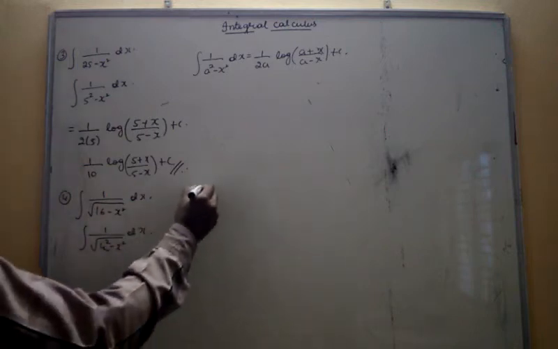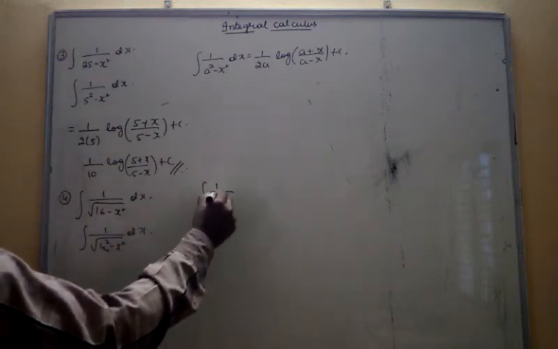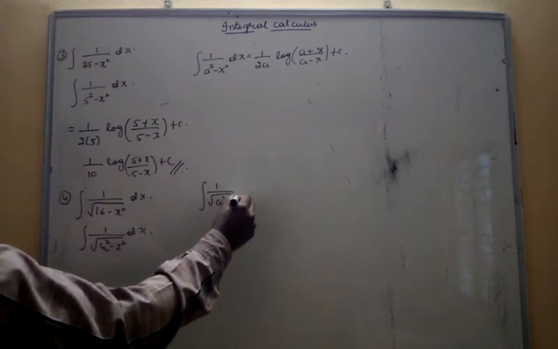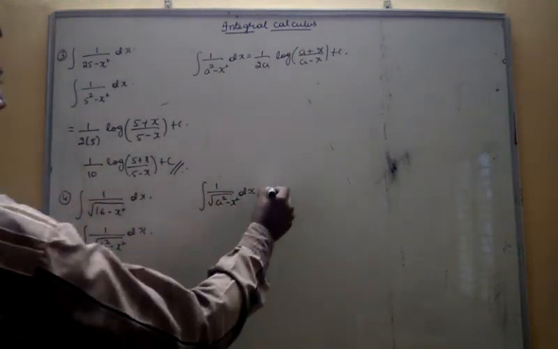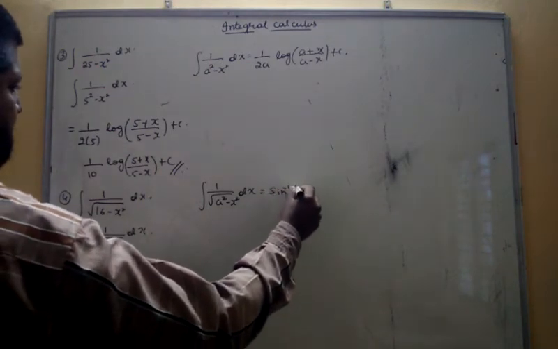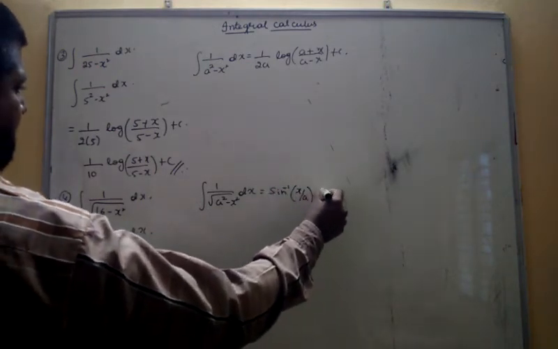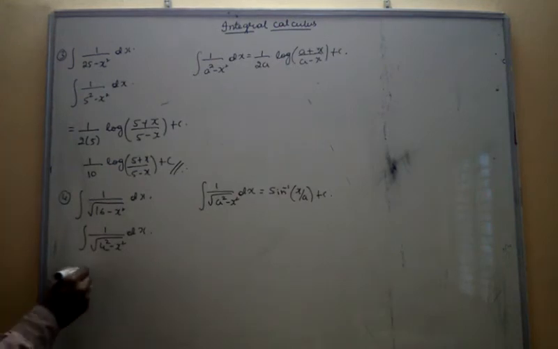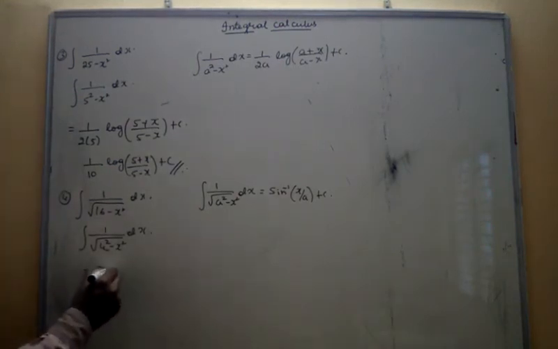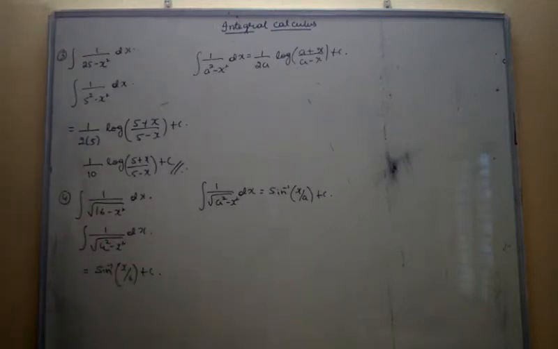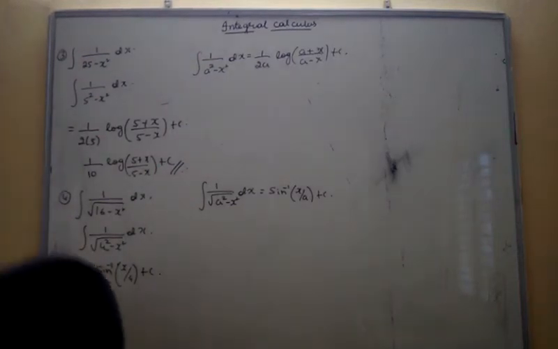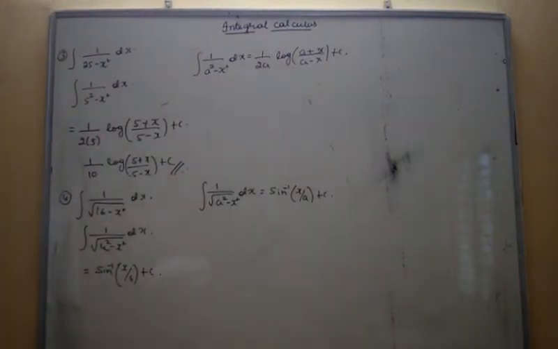Then we know the identity, 1 by square root of a square minus x square dx can be written as sine inverse of x by a plus c. So let us apply the identity here. If you apply the identity, sine inverse of x by 4 plus c. Okay, take down the next problem.